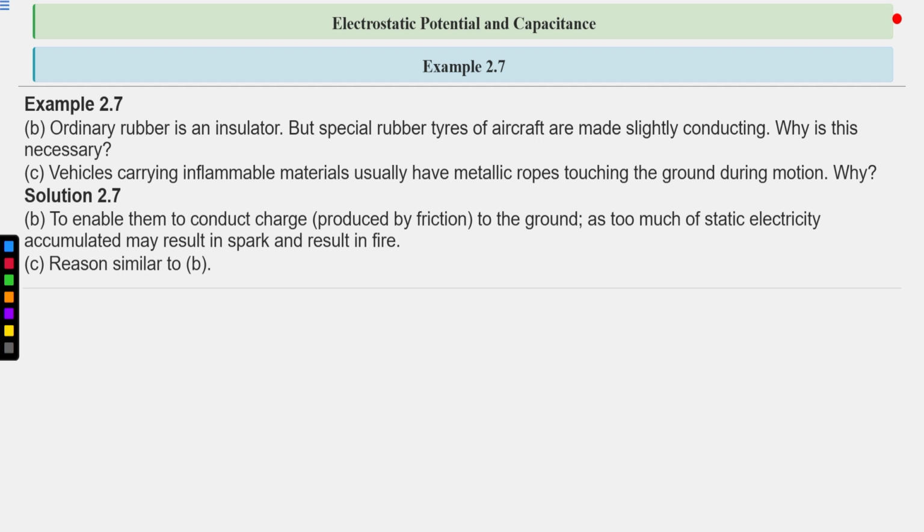Due to the movement of the vehicle and friction with the material inside, there will be static electricity generation. So due to static electricity, the inflammable material can catch fire due to a spark. So to reduce the accumulation of these charges on the inflammable materials, a metallic rope touching the ground is introduced, so that extra charges that are accumulated will go into the ground. That is also called earthing. The dumping of extra charges in the ground.